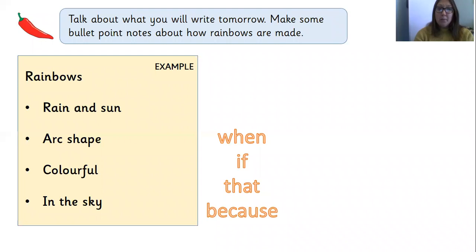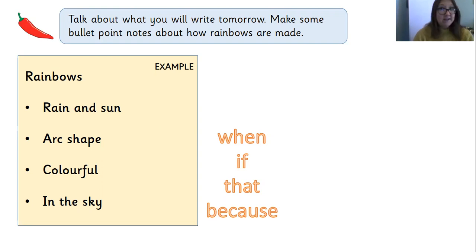If you would like to do our One Chili challenge today, I would like you to talk about what you're going to write tomorrow with somebody at home, or talk it through to yourself if people are busy. Then make some bullet point notes about how rainbows are made. You can see on the example here, I've written the title, Rainbows, drawn my bullet point, and then written the key words that I'm going to use in my sentences tomorrow.